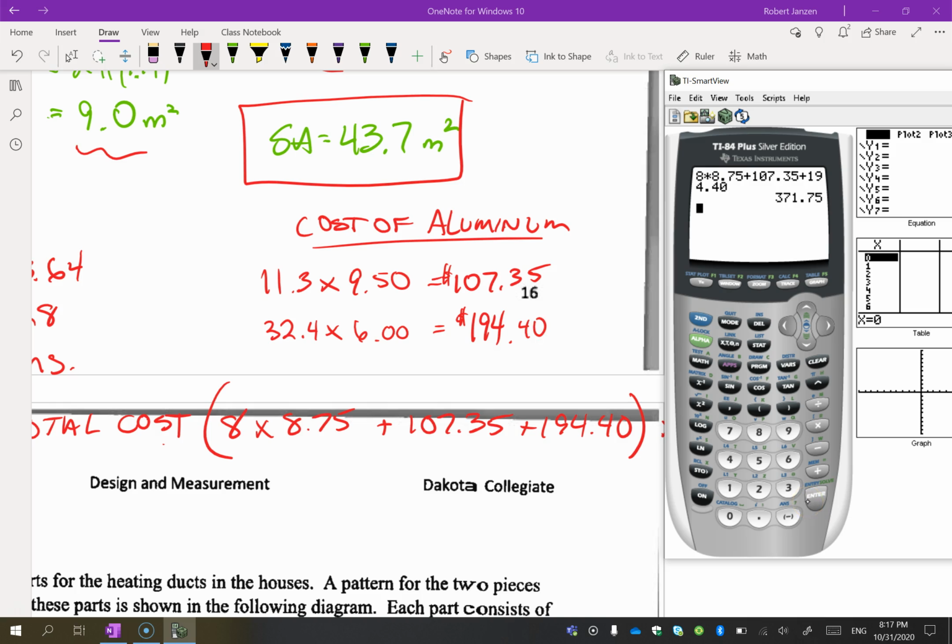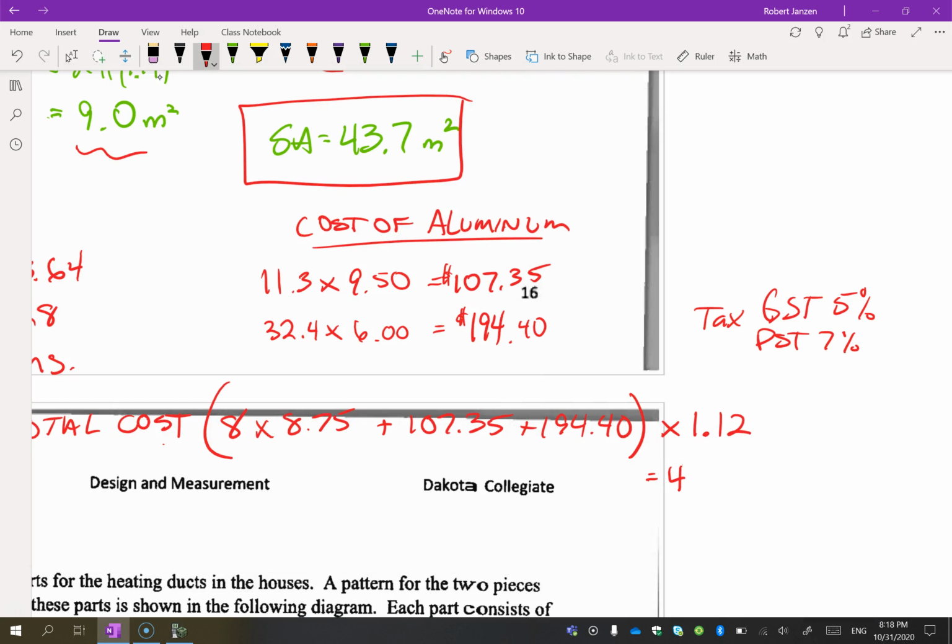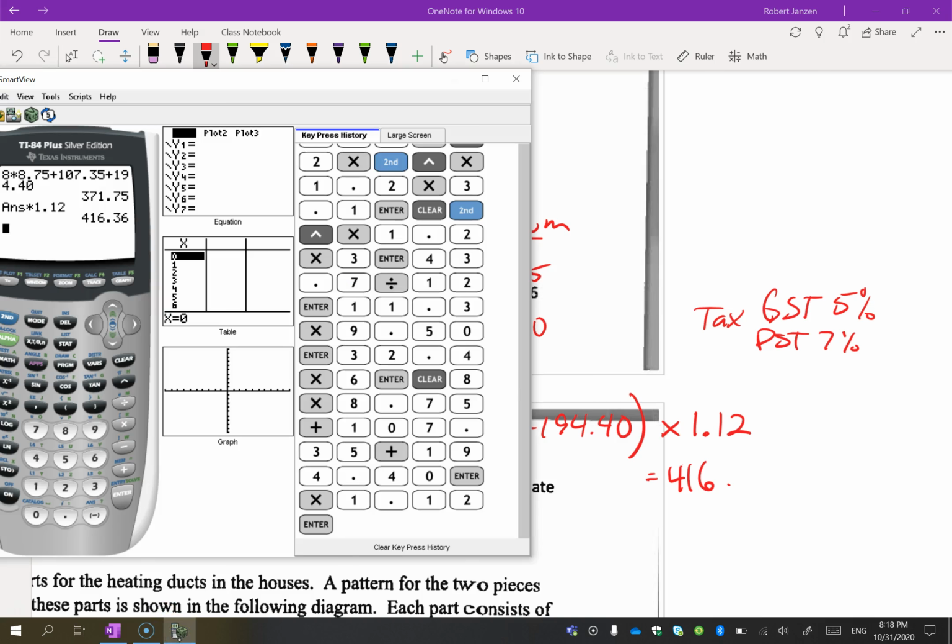So that's the cost. We're going to multiply that by 1.12, and we get $416.36. That's the total cost of this bin.